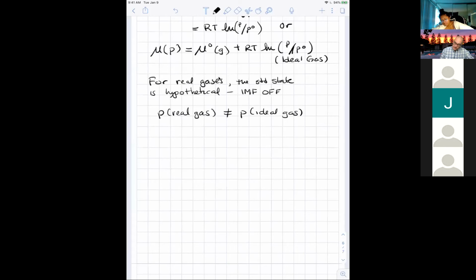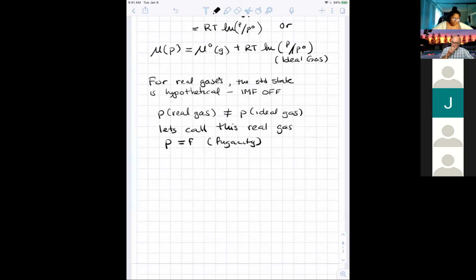So let's call this real gas pressure F, and we're going to call this the fugacity, right?